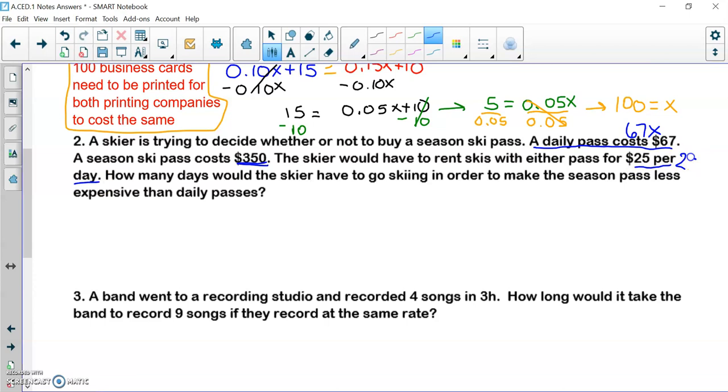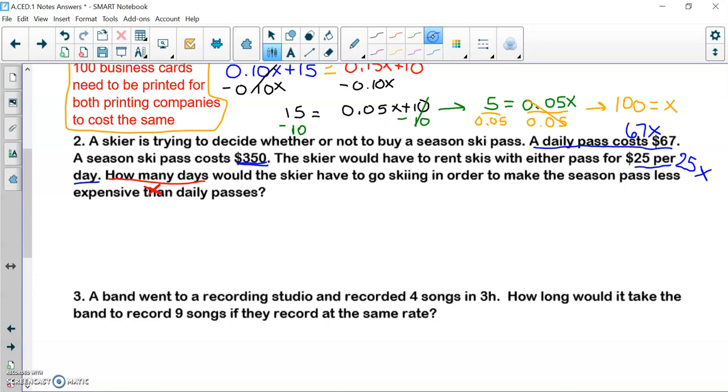So with both passes I need to spend $25 every day, and remember the amount of days is X. So how many days, that's our variable, X, would the skier have to go skiing in order to make the season pass less expensive than the daily pass?